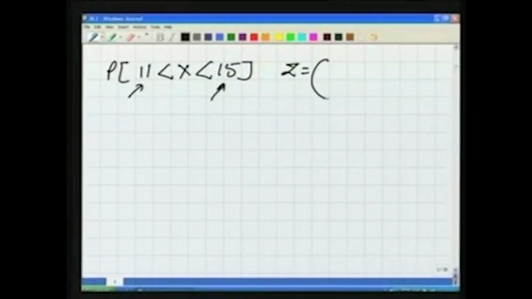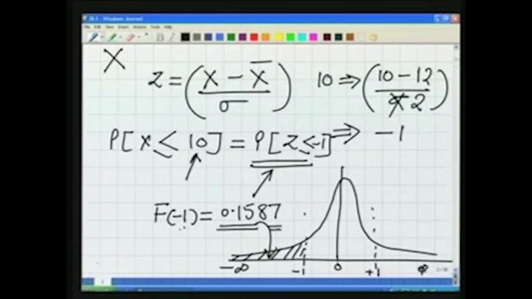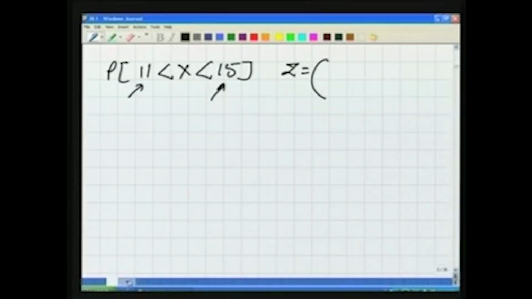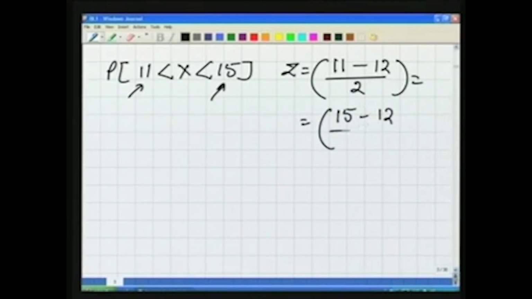How do we do that? We have seen that already, as we saw here: x minus x bar divided by sigma. So, the value of x here is 11 minus 12 by 2, and in the other case, that is 15 minus 12 by 2.